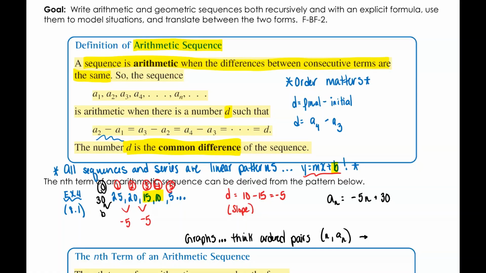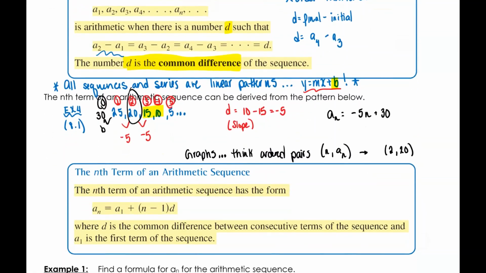For example, at position number 2, the term's value is 20. Obviously we could graph out the points if needed, and the graphs for a linear equation are always going to be linear functions. So you can put all those pieces together.